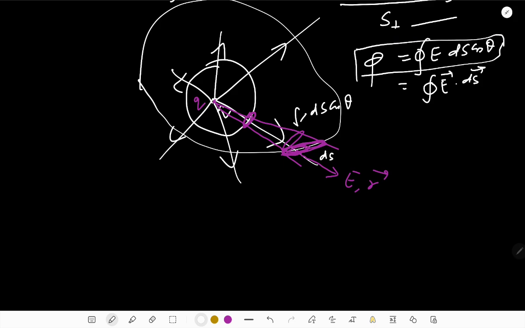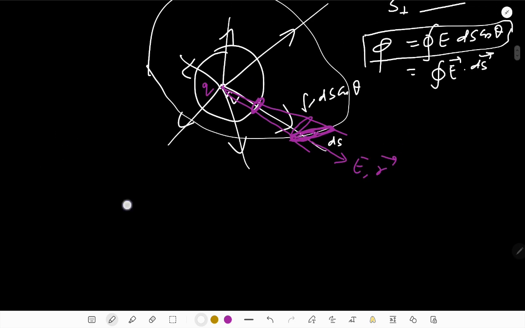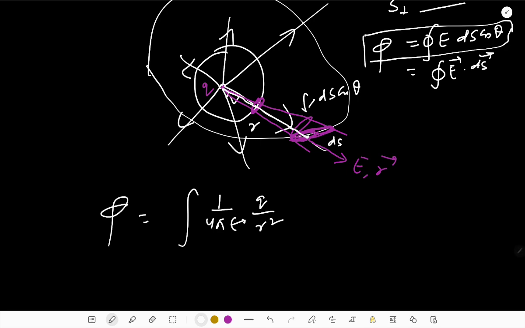Suppose that the distance from here to here is r. The point where we are considering this electric field is r from the point charge. Then we can write the magnitude of electric field as 1 by 4 pi epsilon naught q by r square. All things are happening in vacuum or air, and just multiply it by ds cos theta.